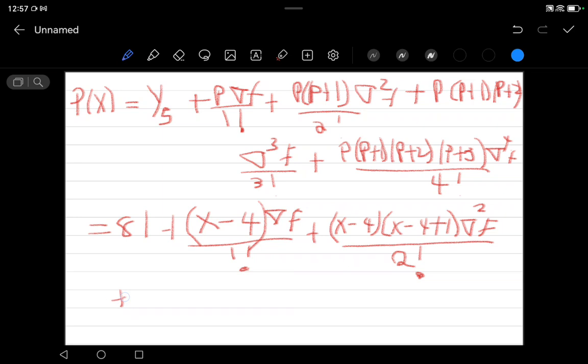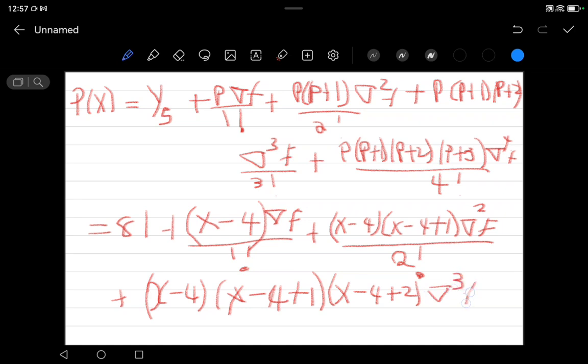Okay, plus the third one is going to be x minus 4 plus 1, x minus 4 plus 2, then the backward cube f over 3 factorial.